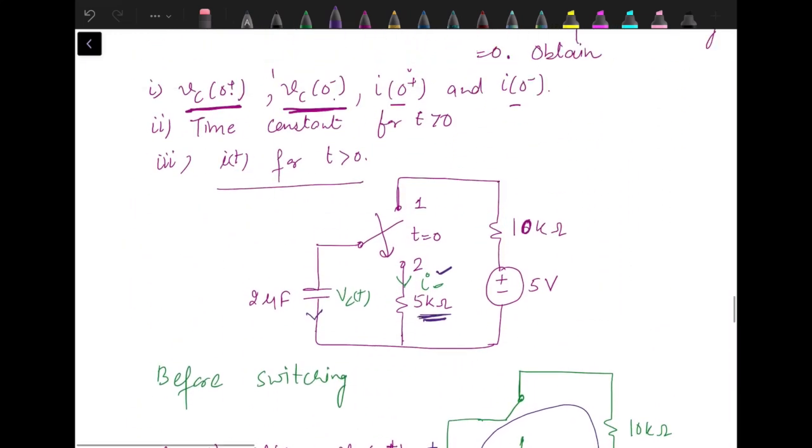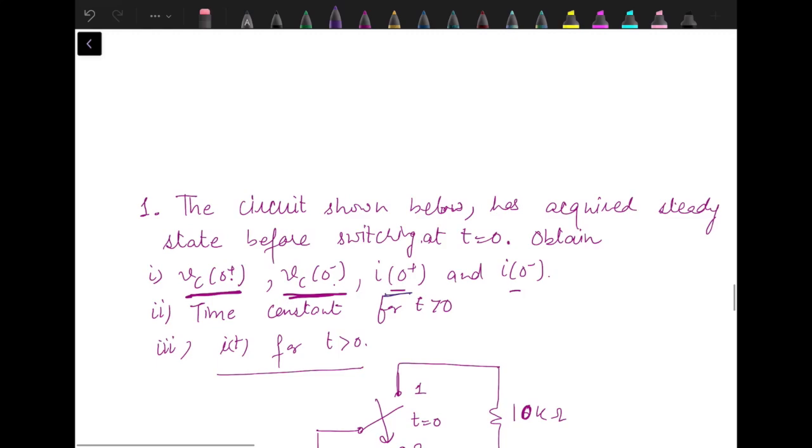Also we need to find out the value of current at t equal to 0 plus and t equal to 0 minus.